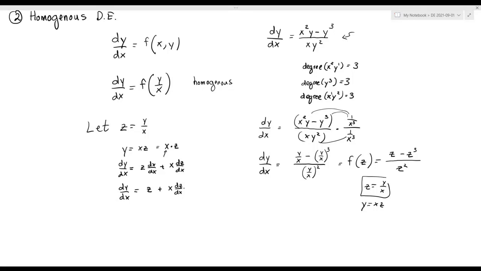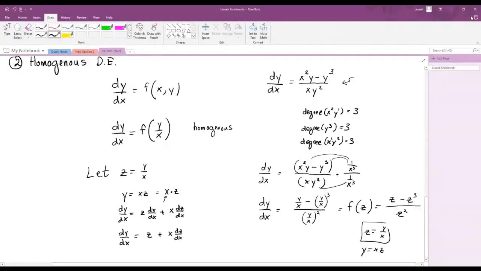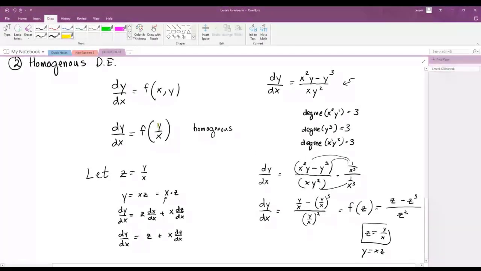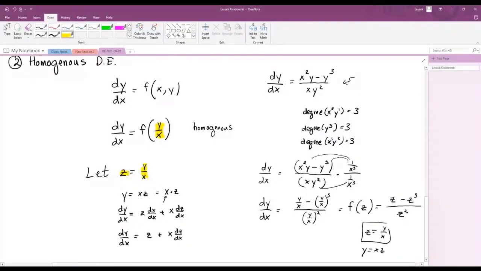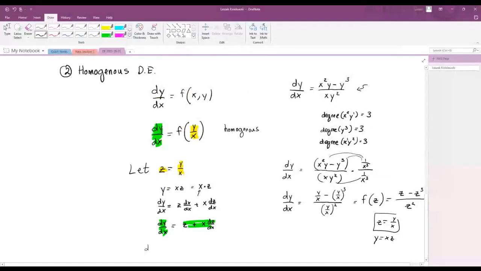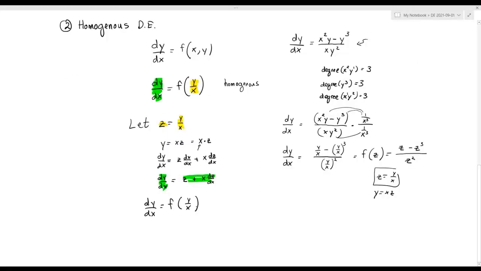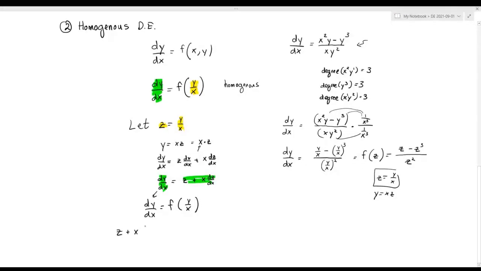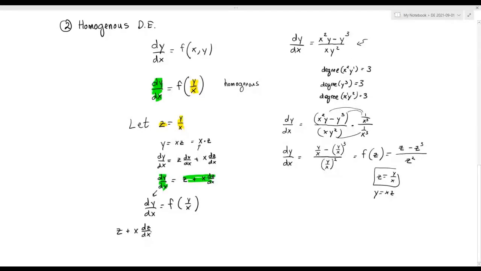All right, so now notice that we can complete the substitution, right? y over x on the right will be replaced with z, because they're equal. dy/dx on the left will be replaced with what it's equal to. So if we look at the original, let's rewrite it very quickly. dy/dx will be replaced with z plus x times the derivative of z with respect to x. On the right-hand side, the y divided by x, of course, is replaced with z.